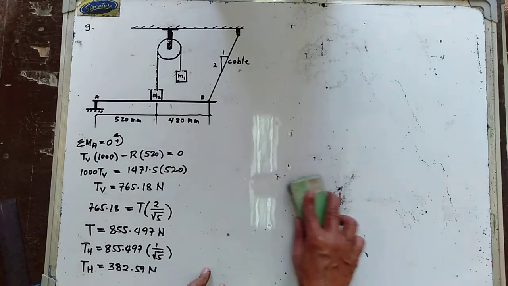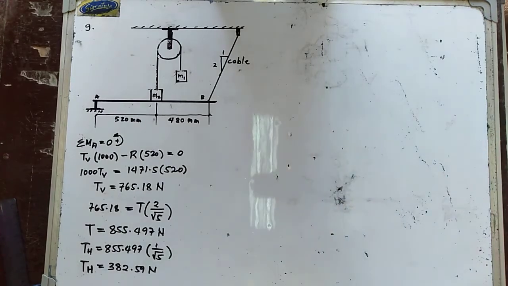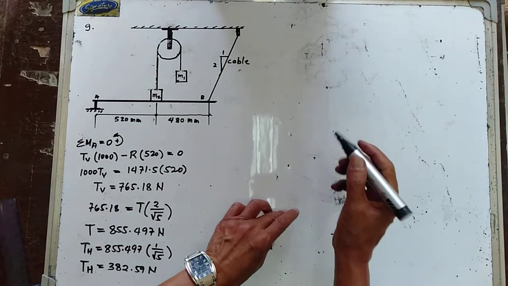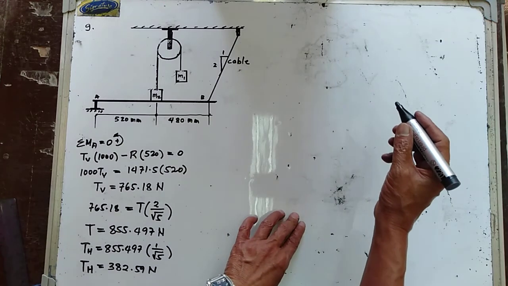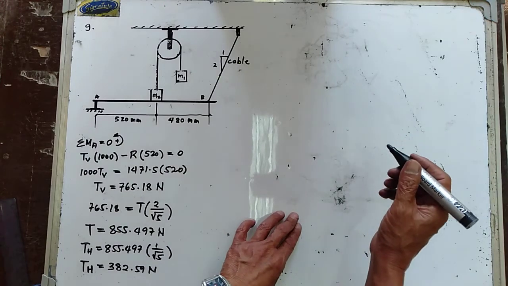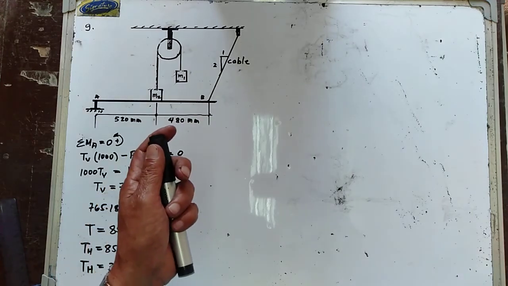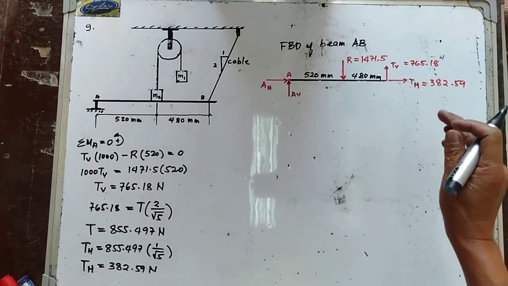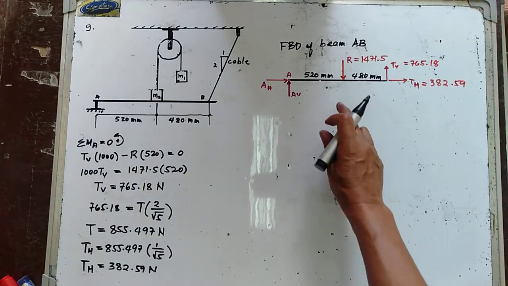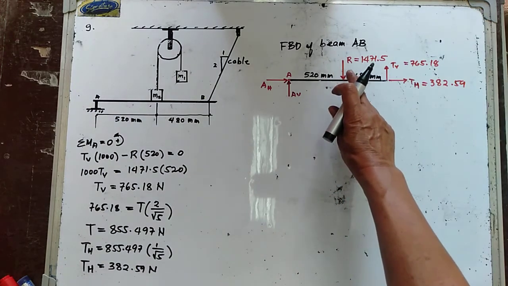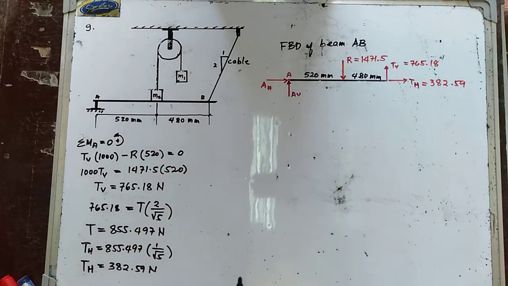Okay, so next, I erased the free body diagram. So from the same free body diagram, I'm going to read through again the free body diagram. Okay, so let's try to continue. I redraw the free body diagram of beam AB.